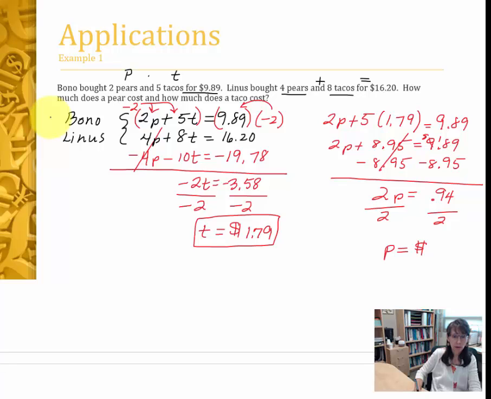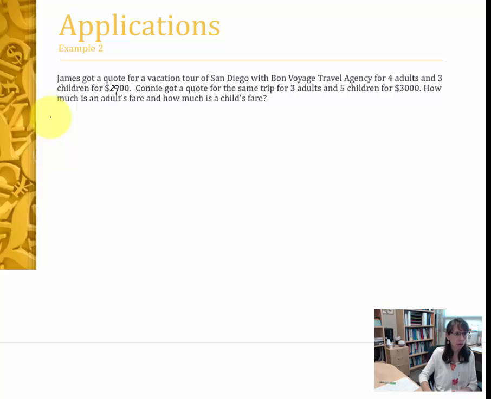So 0.94 divided by 2 is going to give us 47 cents. And the question, how much does a pear cost? We know that is 47 cents. How much does a taco cost? That's $1.79.